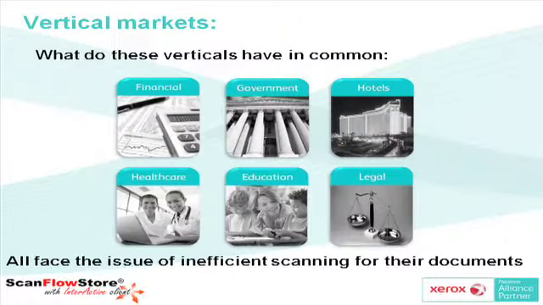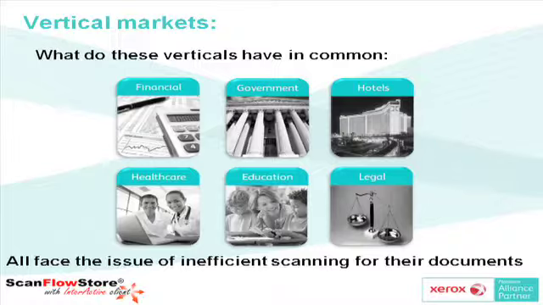So we've got a little bit of a visual there. What do these verticals have in common? We've got finance, we've got government, we've got hotels, healthcare, education, and legal. What do all of these organisations and businesses, vertical markets have in common?